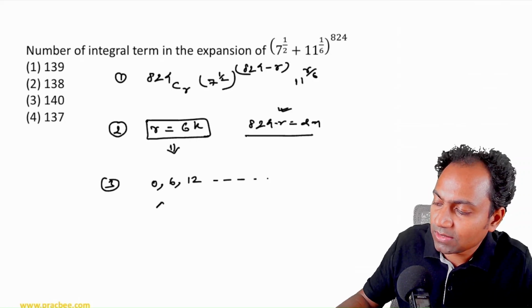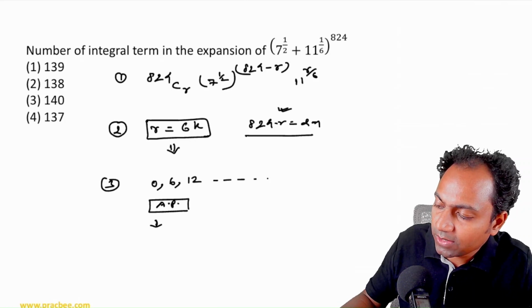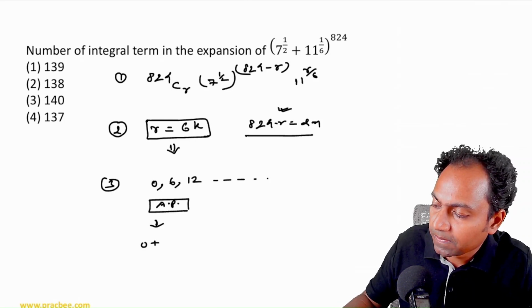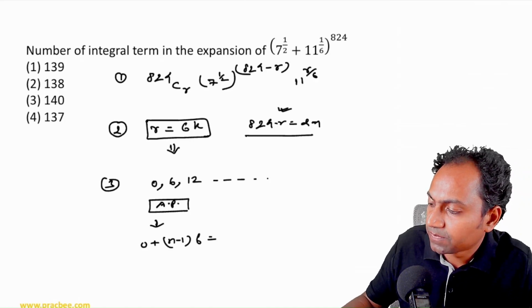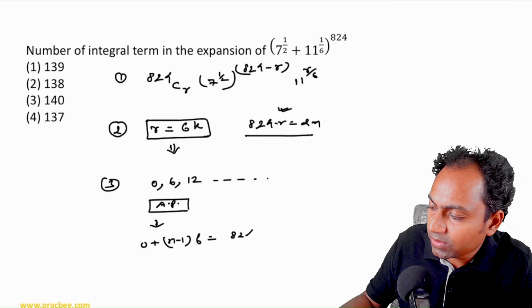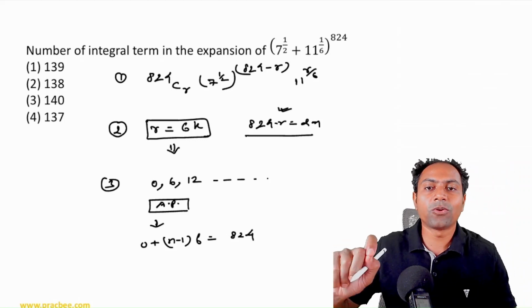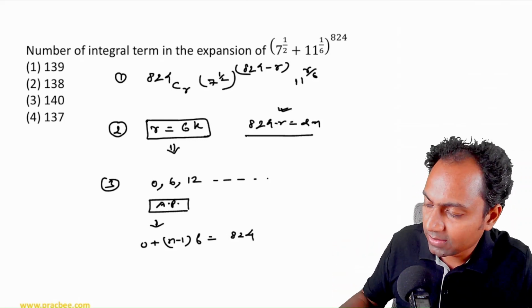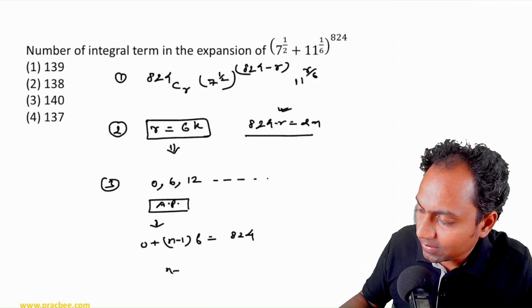So you can see that this is an arithmetic progression. The general term we can write for this is A plus n minus 1 into D. D comes out to be 6. Let us equate this to 824 and check how many terms would be there. We will take only integral values of n. So n minus 1 will be equal to 824 by 6.